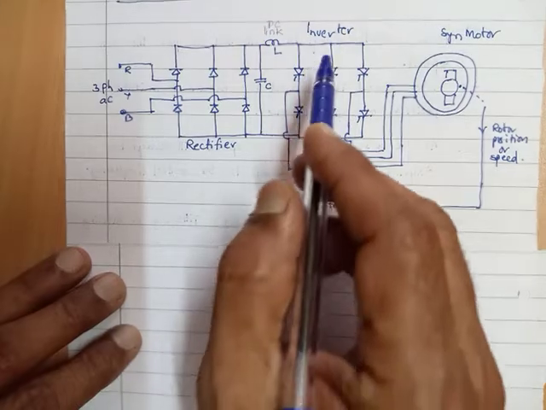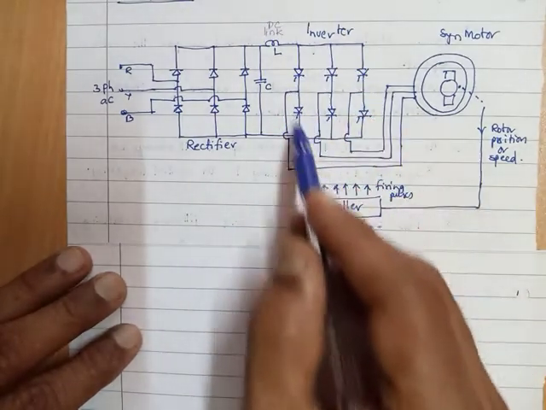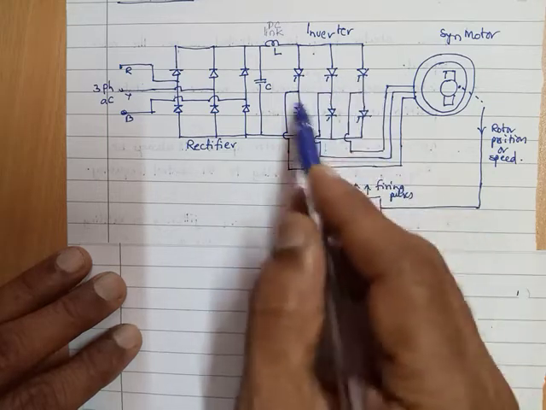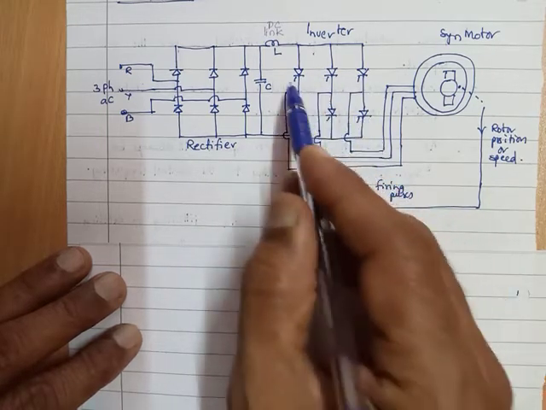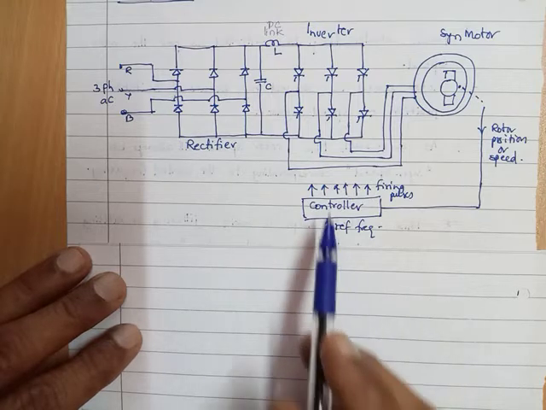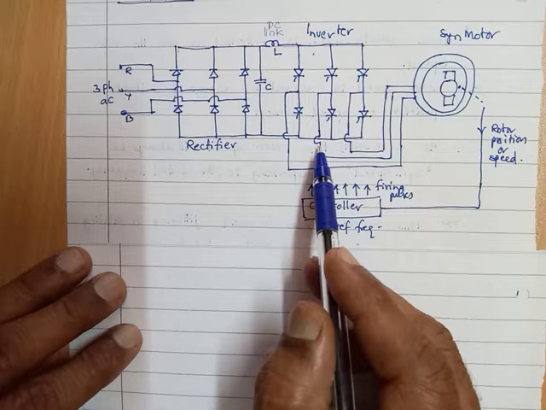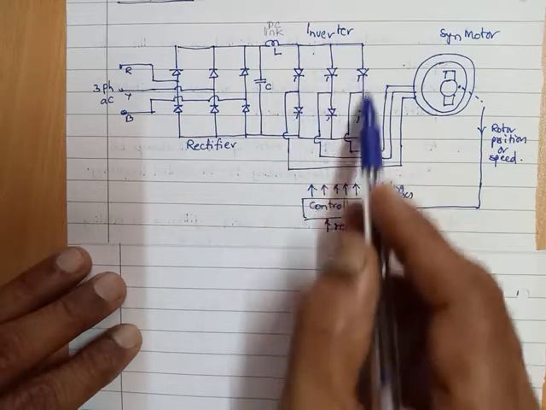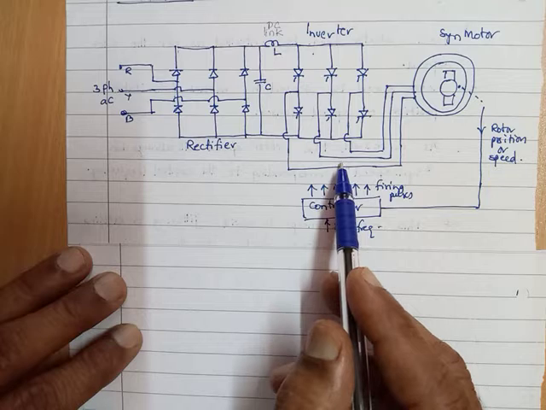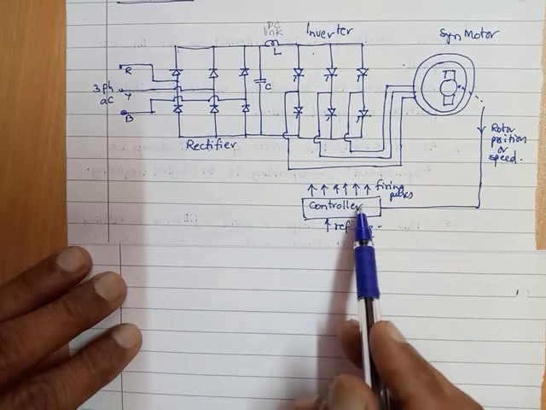The inverter consists of controlled devices. Here we have shown the SCRs. It can as well be transistors. The bridge converts the DC into AC with suitable firing pulses obtained from the controller.